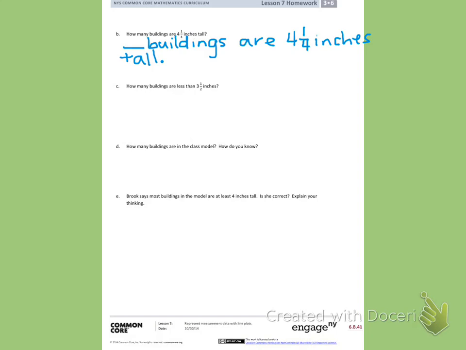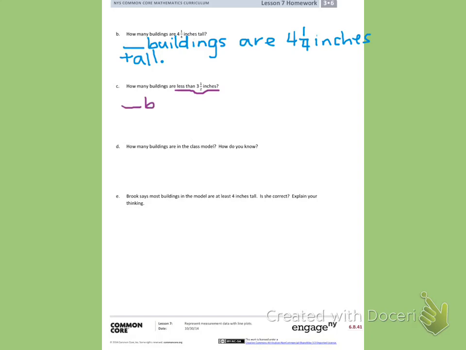So I'm going to underline this less than 3½ inches. To remind you, you need to only count the ones that are less than 3½ inches. Then we need to answer the question in a sentence.